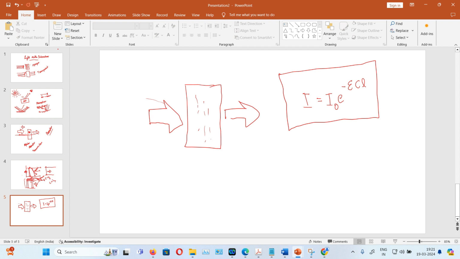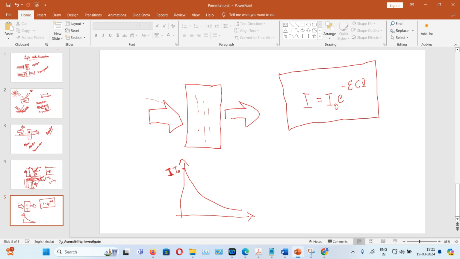It says that the incident light has an intensity of I naught, and when it passes through the material, the intensity decreases exponentially.